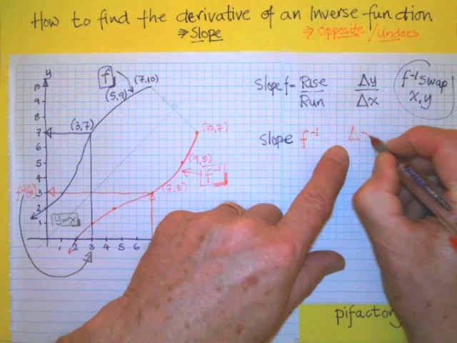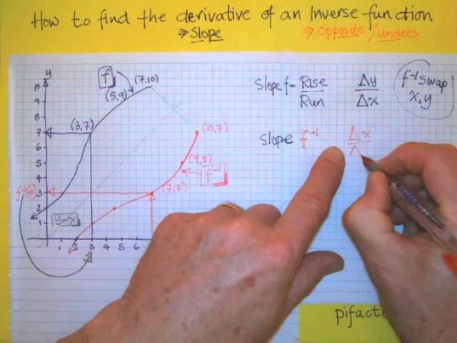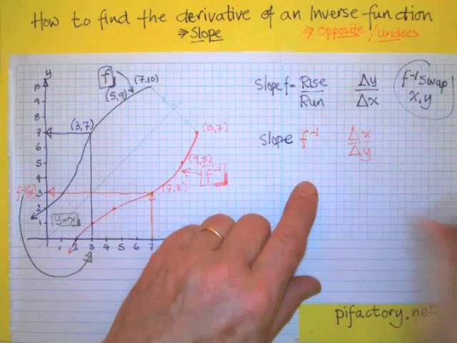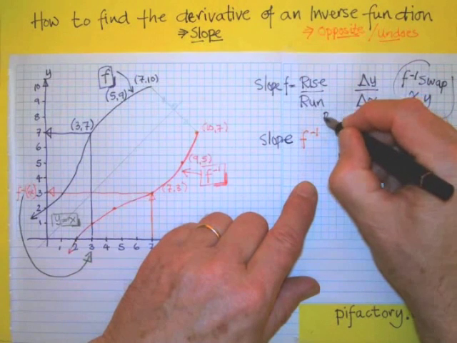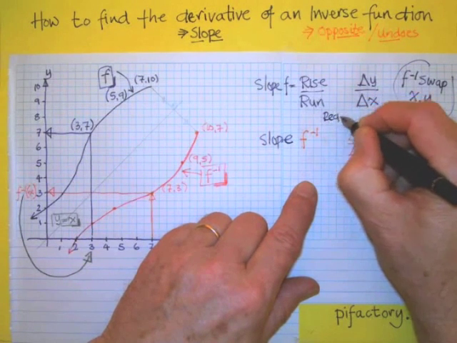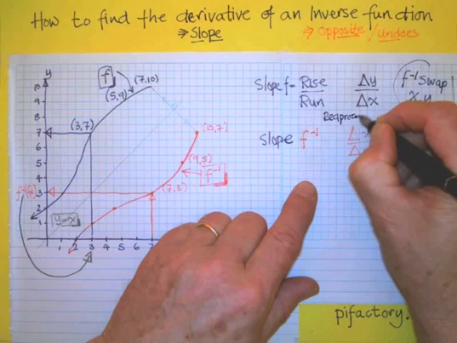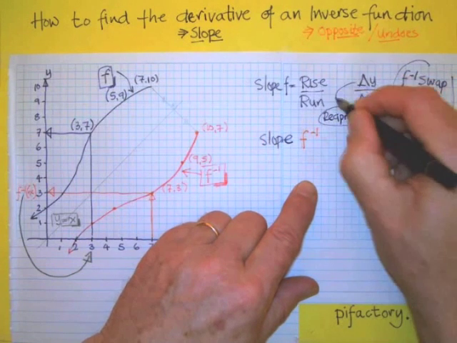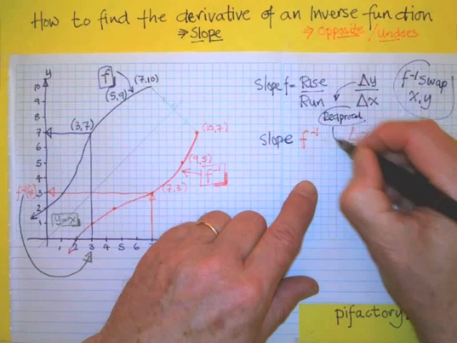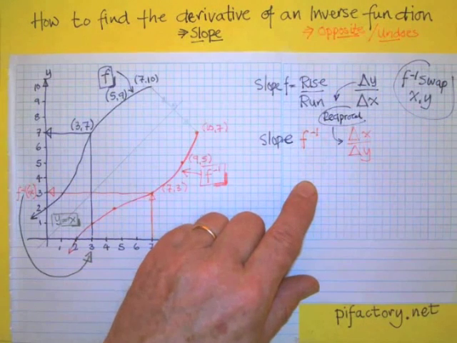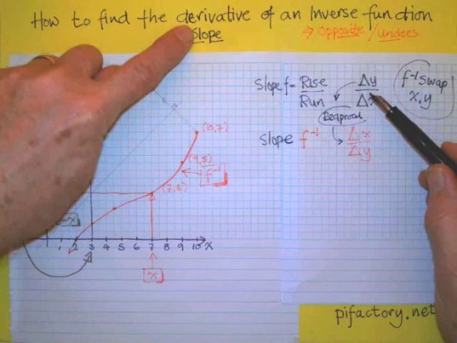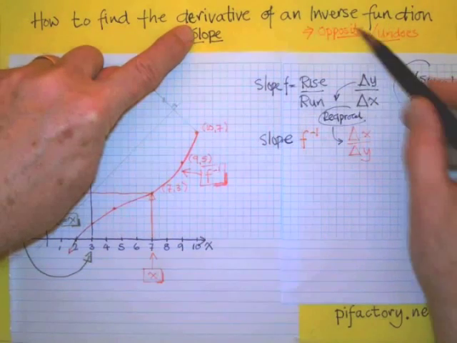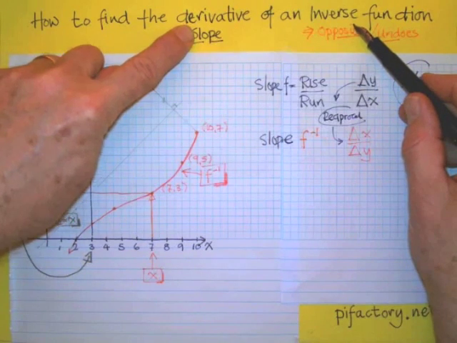So now we're thinking delta x over delta y. This is a sort of reciprocal. From here to here is a reciprocal. So this gives us a clue about finding the slope of an inverse function.